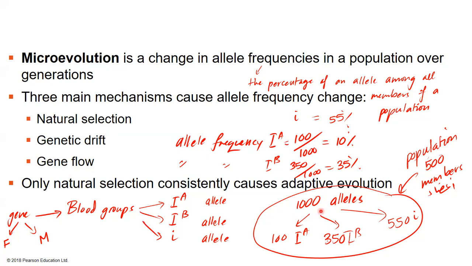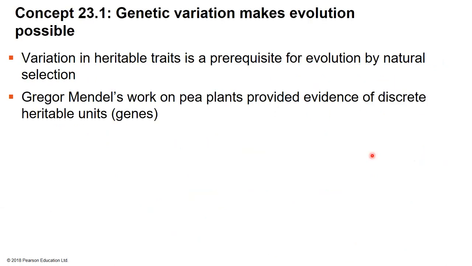So something must happen to the population or the members of this population that will cause a change in the allele frequency.